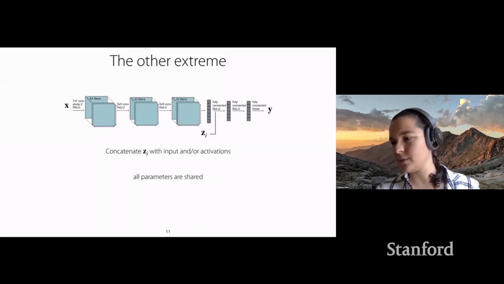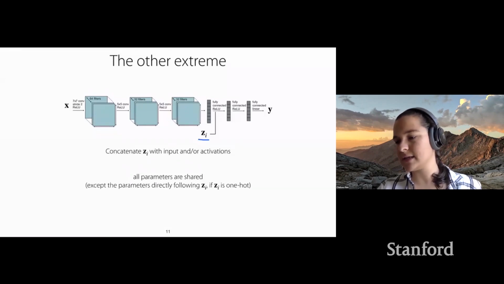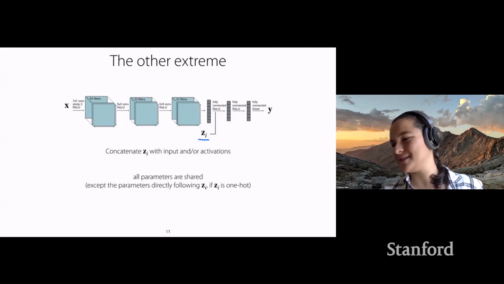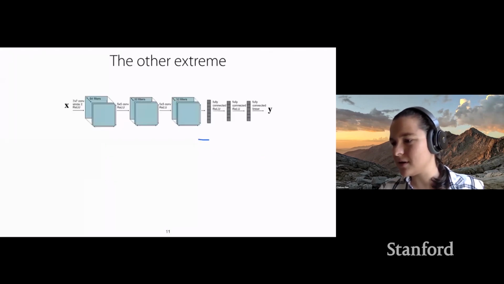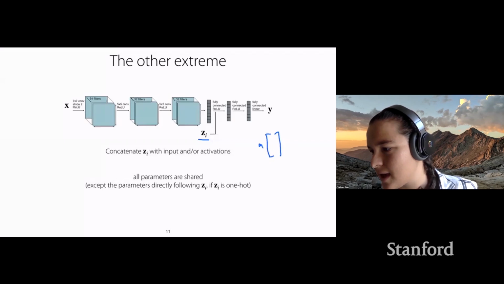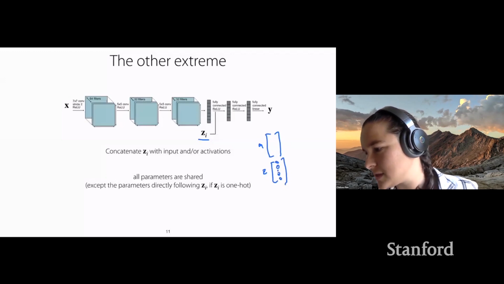One thing worth noting is that if Z is still your one hot index, then technically the parameters directly following Z will not be shared. If Z is a one hot vector and you take your activations A and your one hot vector, say 0, 1, 1, 0, then you have a large matrix W right here.